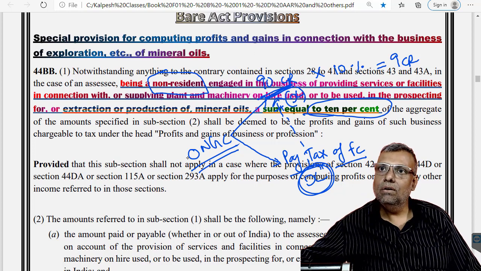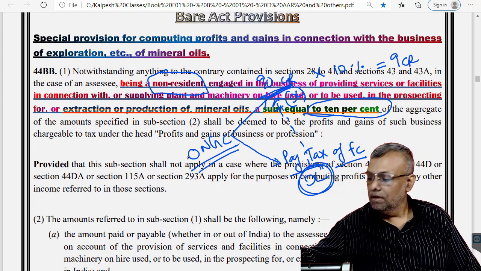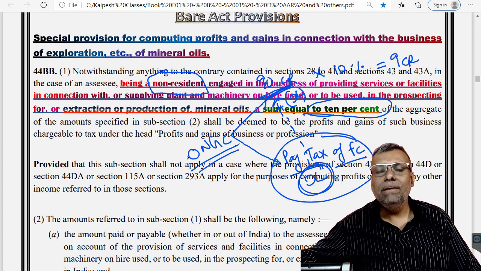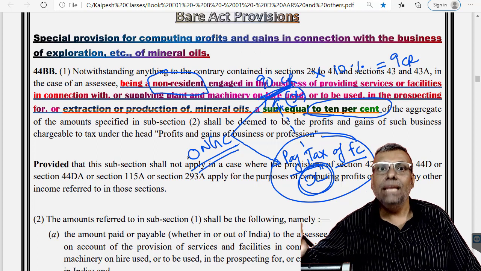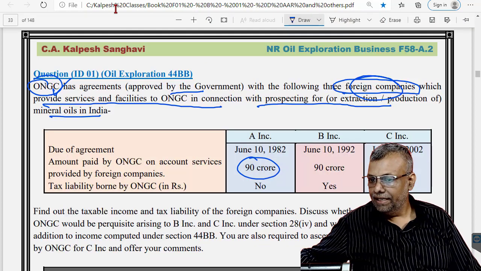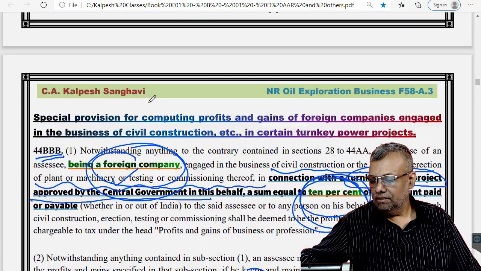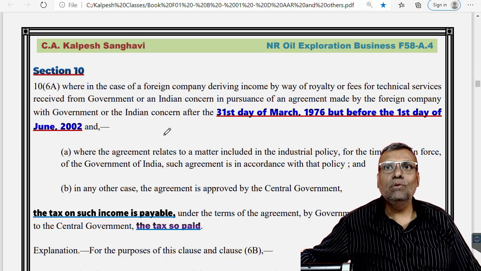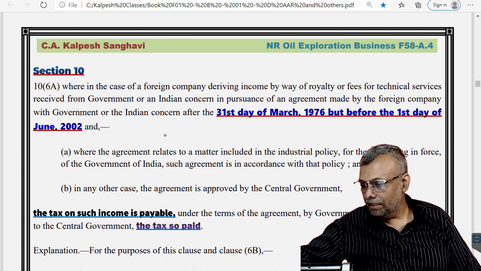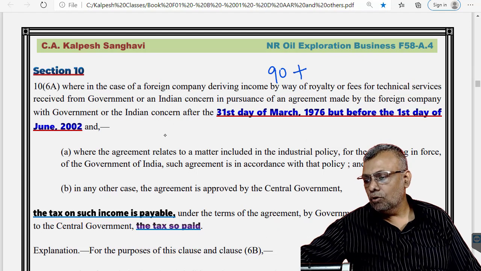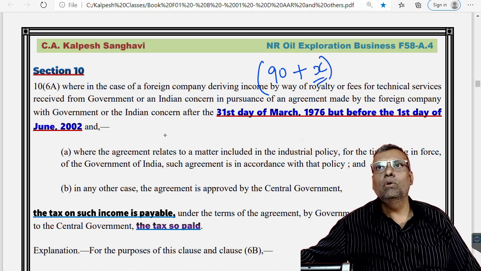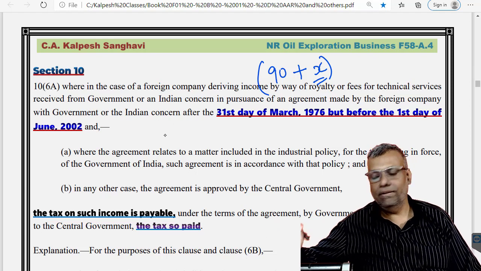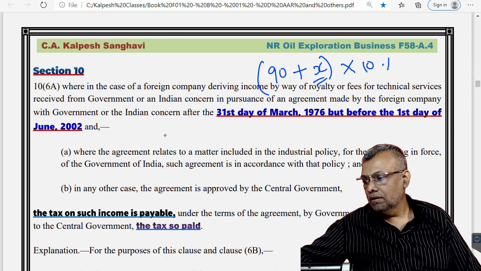Have you understood that? However, this payment of tax can be regarded as exempt if the conditions of section 10(6)(a) are satisfied. Now understand these conditions of 10(6)(a). Normally, income will be 90 crore plus X, assuming X is the amount of income tax. This is going to be the gross income of the non-resident, and you multiply that by 10%.